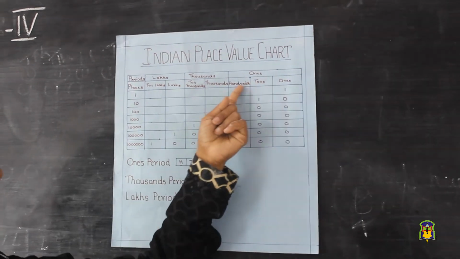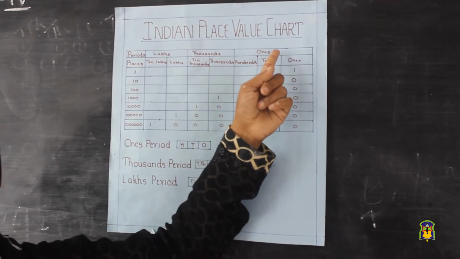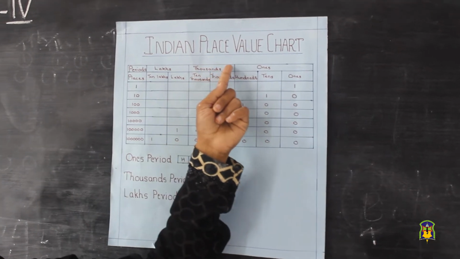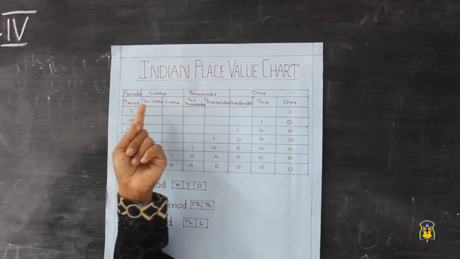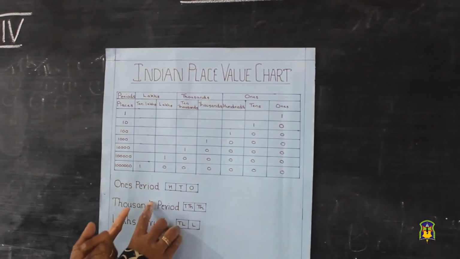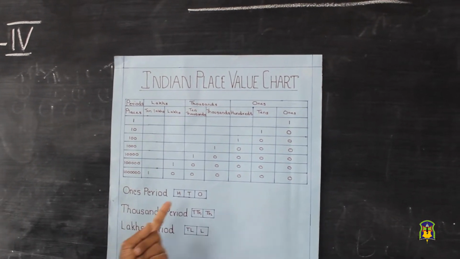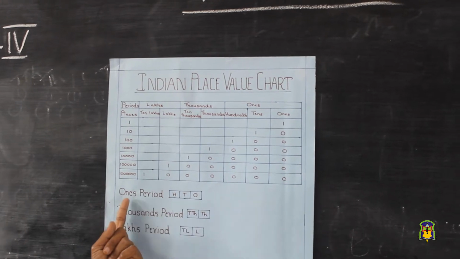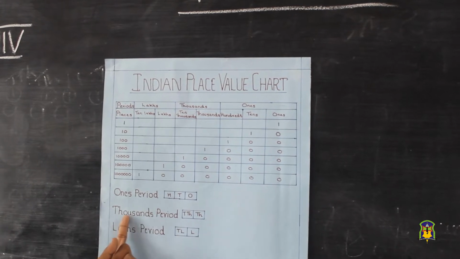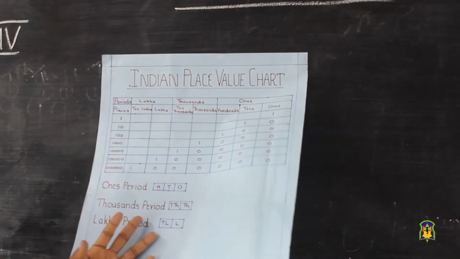First, ones period, thousand period and lakh period. Here, the first 3 places, ones, tens and hundred, form the ones period, 1,000 and 10,000 places form the thousand period, and lakh and 10 lakh places form the lakh period.